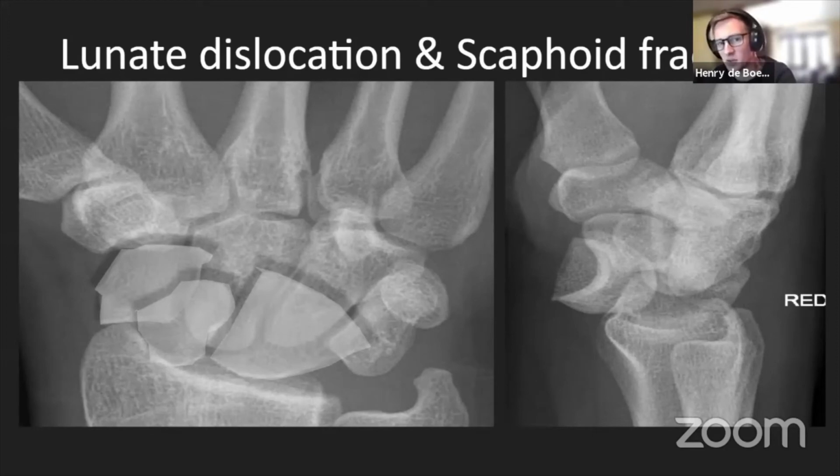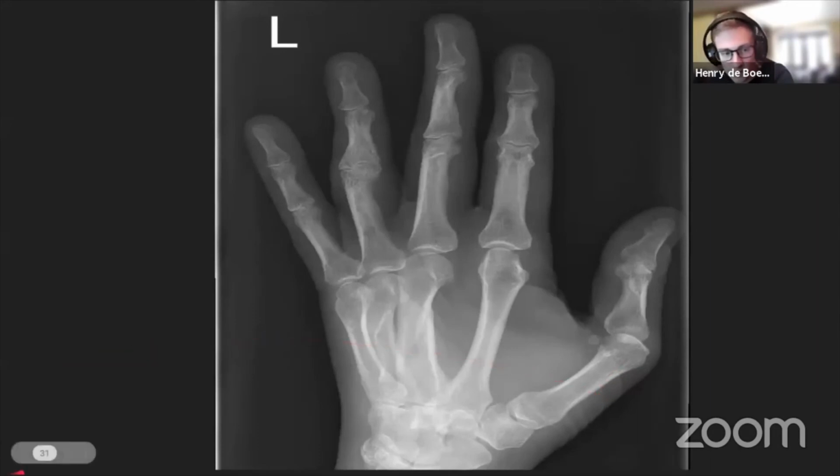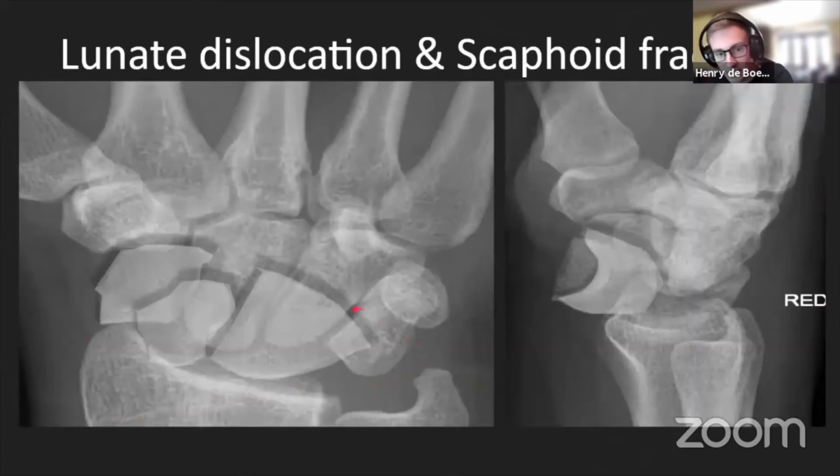They're not particularly associated with massively high impact traumas. It is usually simple falls. And there's that lunate. Well, I didn't highlight it, but yeah, there is a scaphoid fracture there. I just haven't highlighted it on the answers.